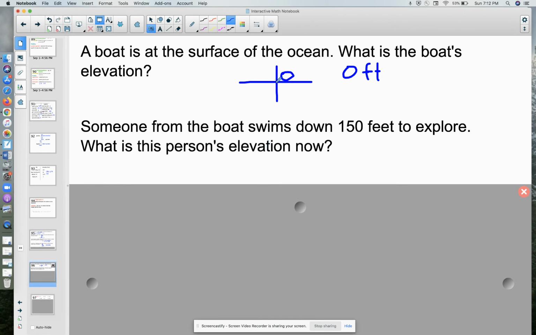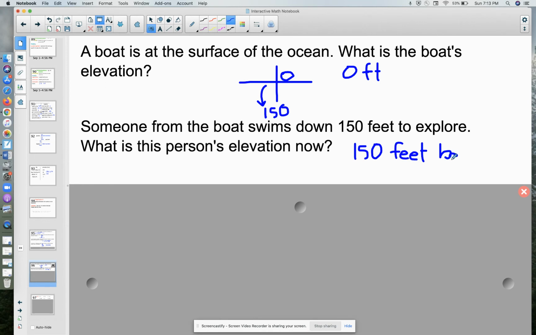If it's 0 and it goes down 150, what would we say? 150 feet, below or above?